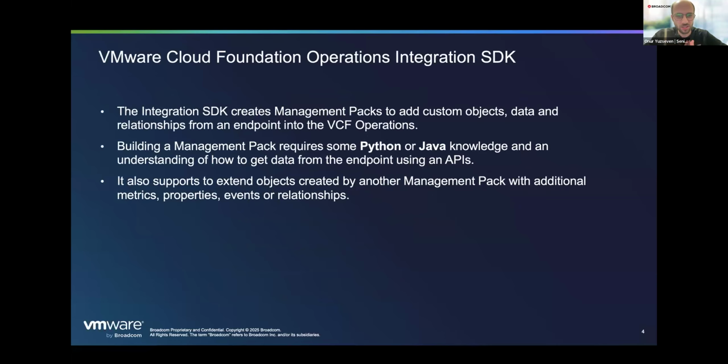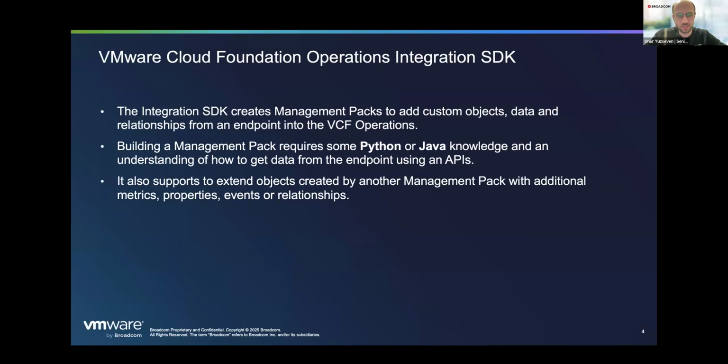So the integration SDK actually allows us to create our custom objects, metrics, and properties, same as Management Pack Builder. But building a Management Pack requires some Python or Java knowledge, and it requires understanding of how to get data from the remote endpoints.